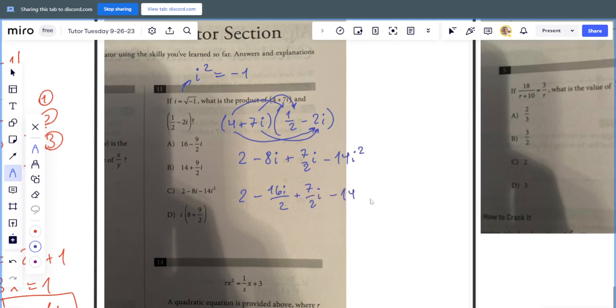And then minus 14 times i squared, which I've replaced with negative 1, so that becomes plus 14. So in total, it's going to be 2 plus 14, which is 16. And it's going to be minus 9i over 2. So that should be answer choice A.